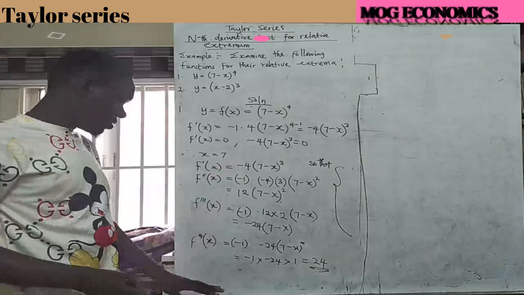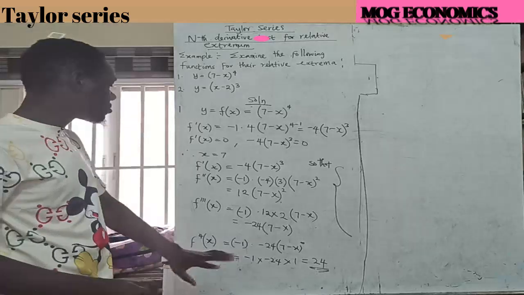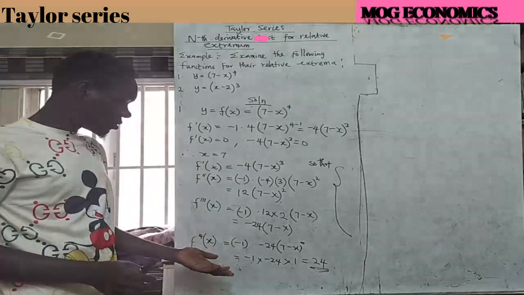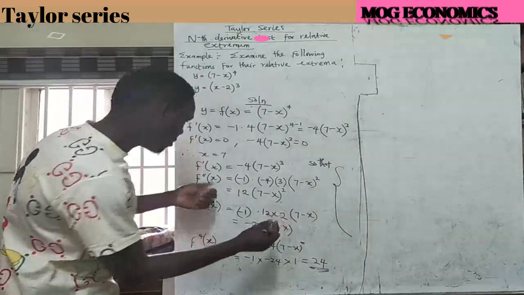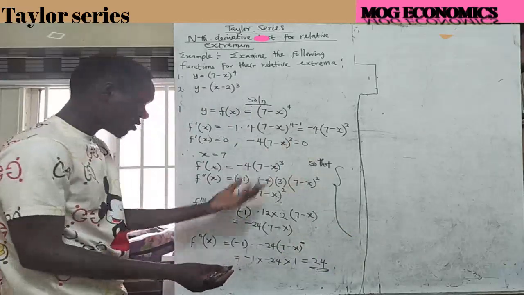We have the derivatives up to the fourth order. Now what we'll do at this point is to evaluate each of these results at 7. For the first one, it is 0, which I've established. That's the first order condition.